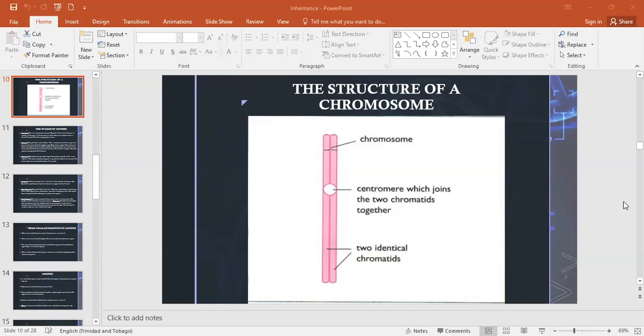Not separate yet. Before they could separate, they have to duplicate themselves. So they duplicate themselves, right? Because remember, the chromosomes themselves will have to form an identical copy, and then that copy is going to be transferred to another cell, which will become the daughter cell.